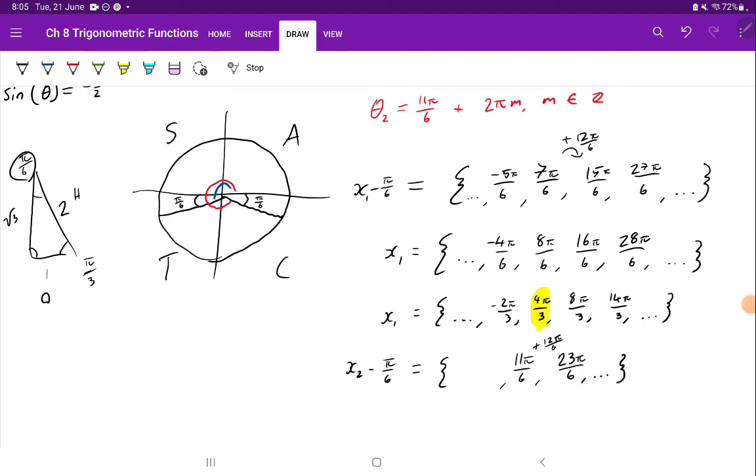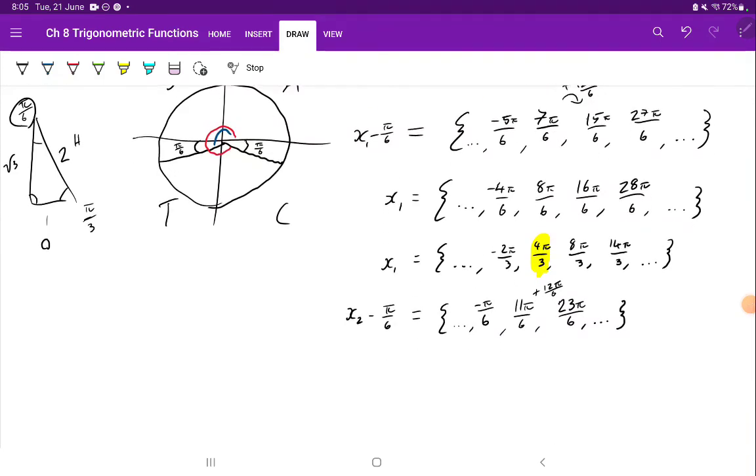And going backwards, we're going to get -pi on 6. And subtracting another one will give me too many. So now we're going to add pi on 6 to both sides. Alrighty, well, minus pi on 6 plus pi on 6 is 0. That's going to be 12 pi on 6, which simplifies down to 2 pi. And the next one is going to be 24 pi on 6, which simplifies down to 4 pi.